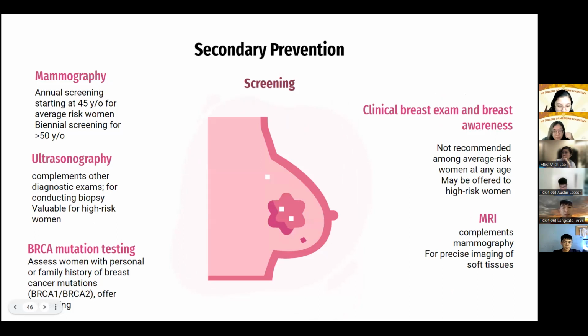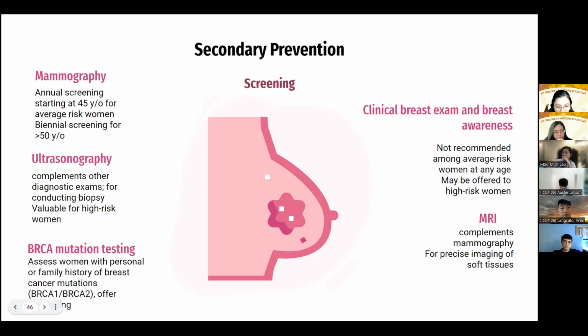High risk women that have a BRCA gene mutation or family history of breast cancer usually start at 30 years old already. We have different screening methods also, such as ultrasonography and MRI or positron emission tomography.